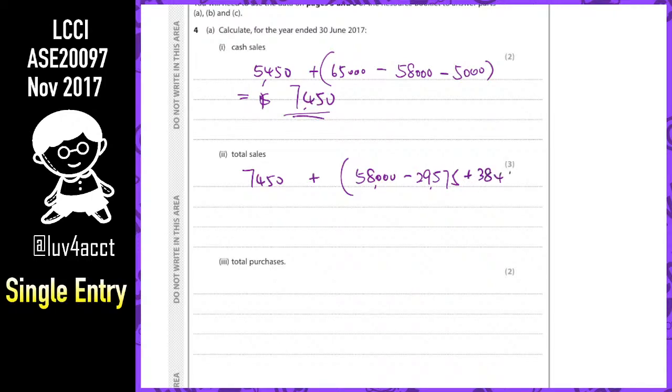These are sales of the current year not yet received. So 7,450 plus 58,000 minus 29,575 plus 38,495. That will give a total of 74,370.